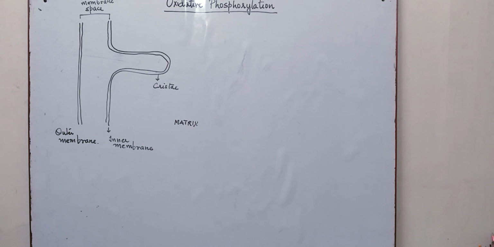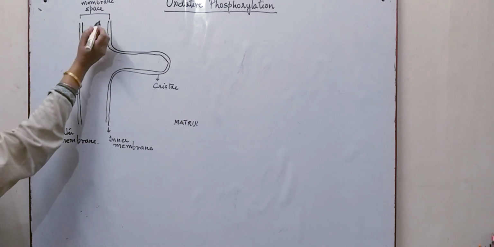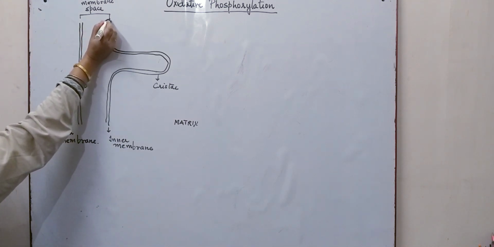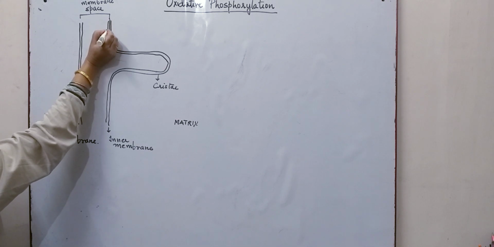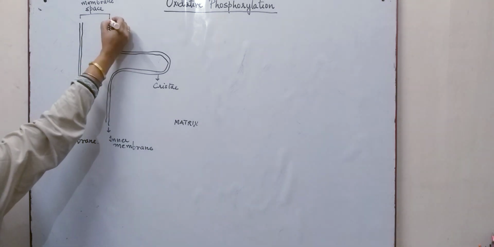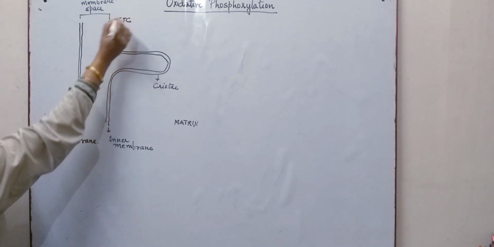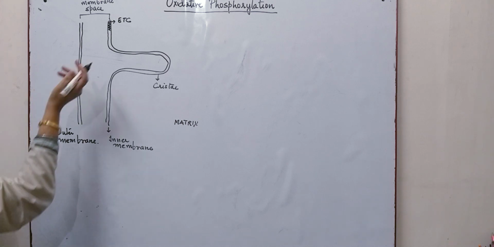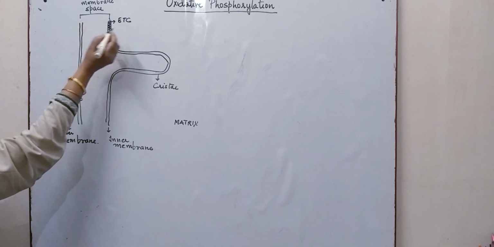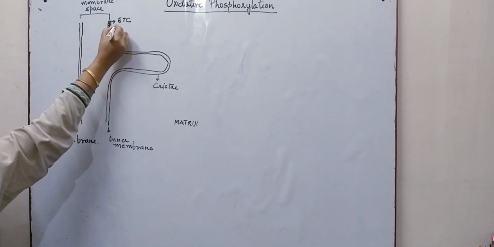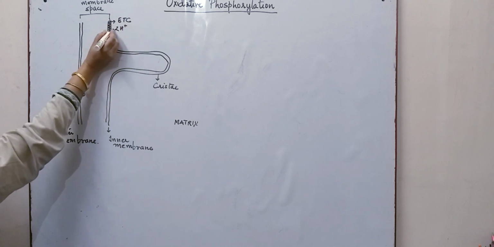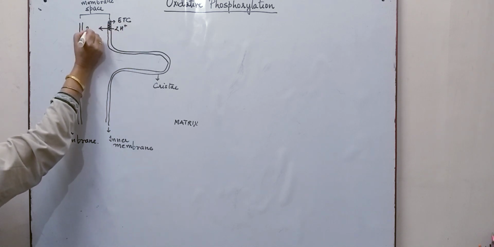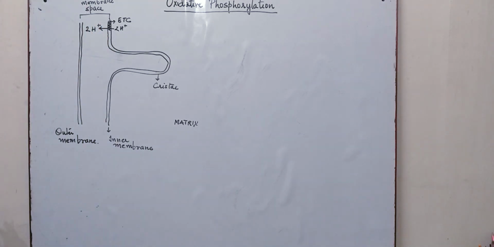So, recalling what happened in glycolysis and the Krebs cycle, the NADH2 and FADH2 which are produced release electrons. The electron transport chain takes place in the inner membrane of the mitochondria, and as energy is released, it is utilized to pump hydrogen from the matrix to the intermembrane space.